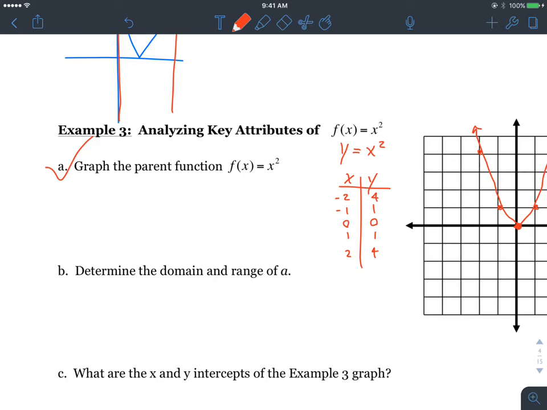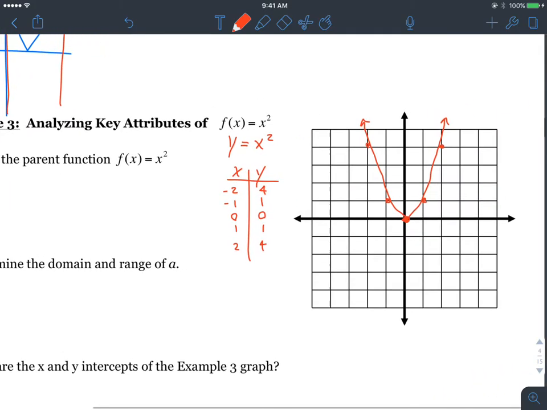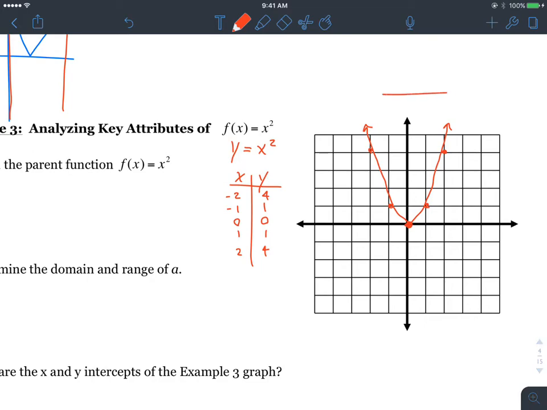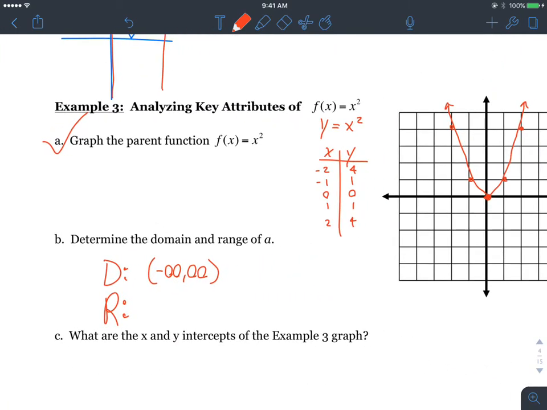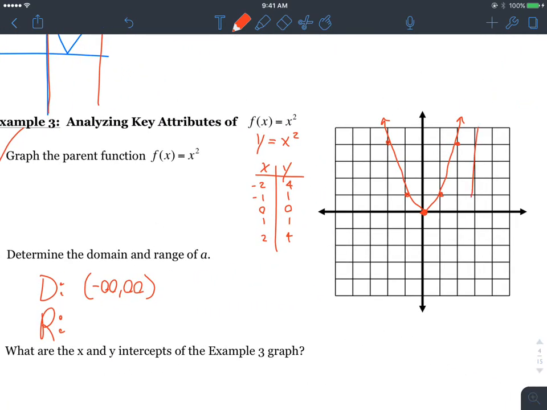Determine the domain and range. Okay, since the graph is going left and right forever, we're going to say that the domain is still all real numbers, or we can say from negative infinity to positive infinity. Now the range is where you have to be a little bit careful because it goes up forever, but then it comes down to this absolute lowest point right here.